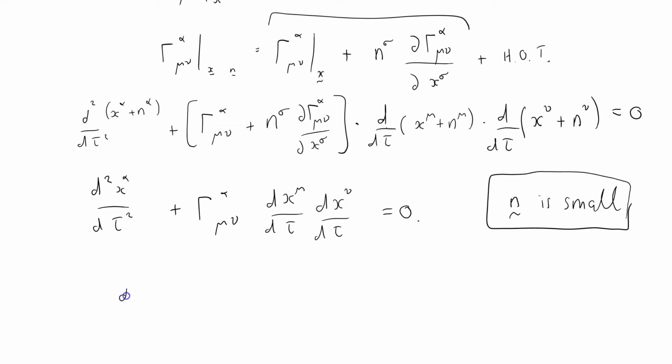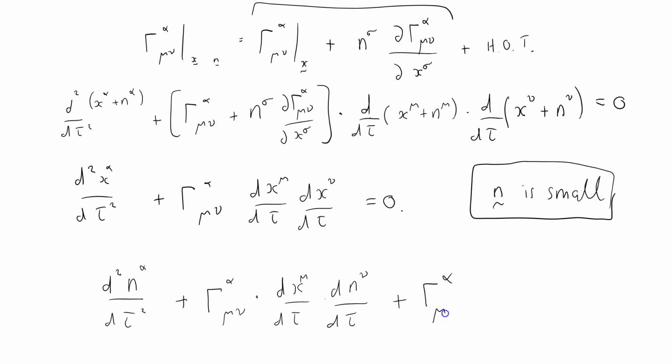Right, so what have we got left? We've got d2n alpha by d tau squared, plus, let's have another bash at this, the Christoffel symbol Gamma alpha mu nu times, I can't have two n's multiplied together, but I can have a dx mu by d tau for this one and dn nu by d tau for that one, plus the other way around, Gamma alpha mu nu dn mu by d tau dx nu by d tau.